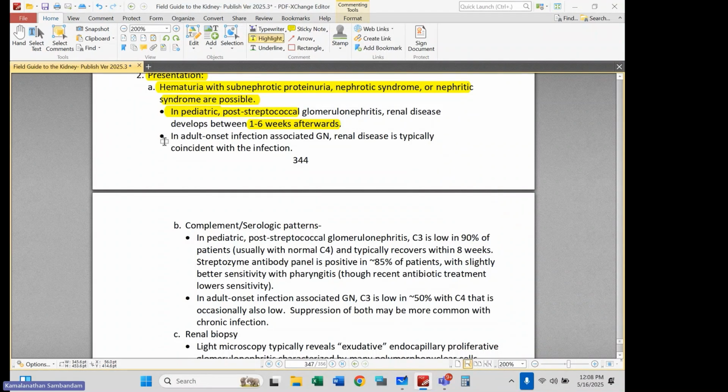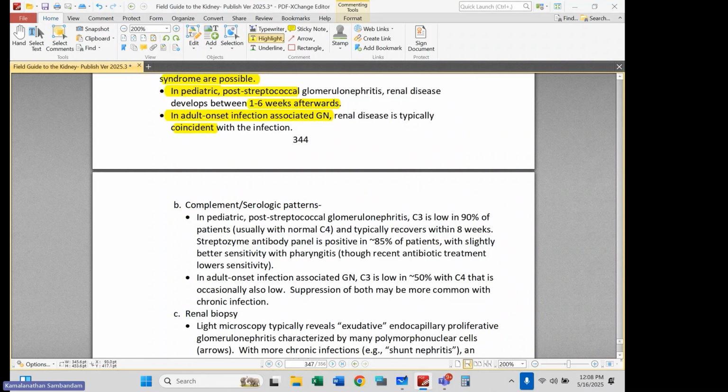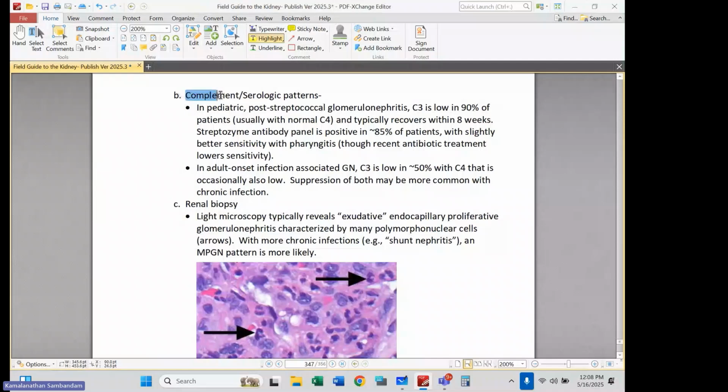In the adult onset infection-associated GN, there is a more coincident presentation, that is, the infection and GN are recognized simultaneously. Of course, some of these infections can be chronic in nature, such as osteomyelitis, so there could have been a latency that was just not recognized.